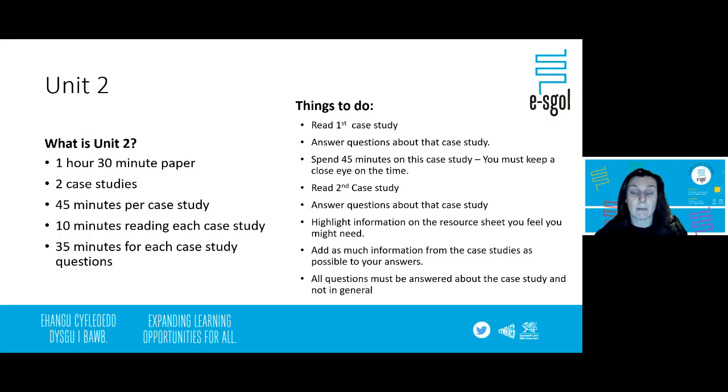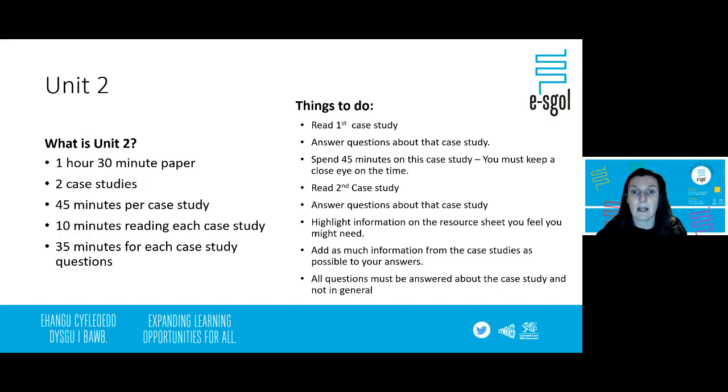Make sure that you are highlighting any information on the resource sheet you feel you might need. I would say make sure that you don't read both case studies together. Read the first one, highlight anything that you feel is important in it, and then answer the questions on that case study. Add as much information from the case study as possible into your answers.